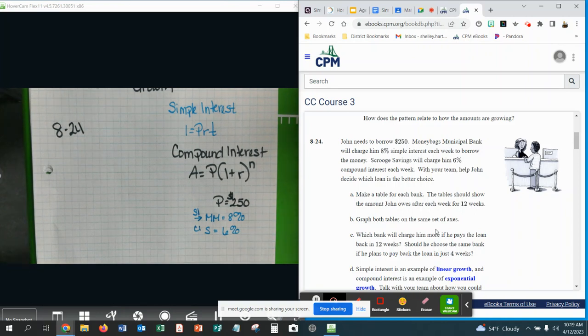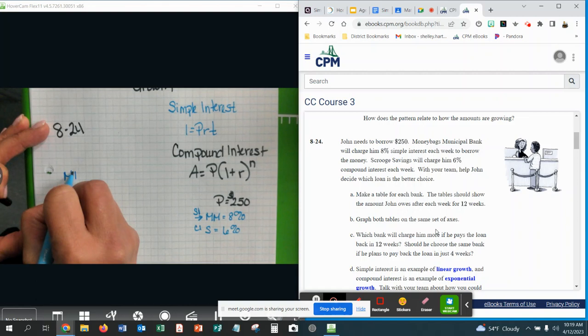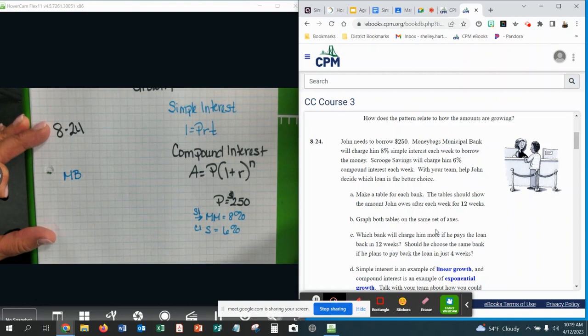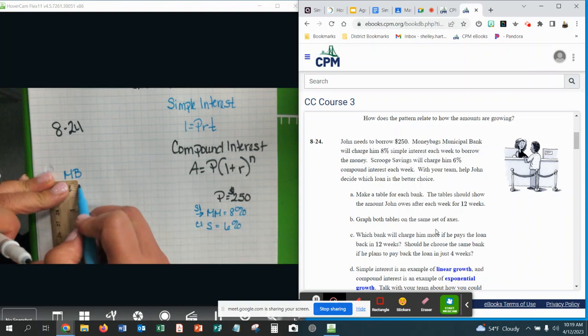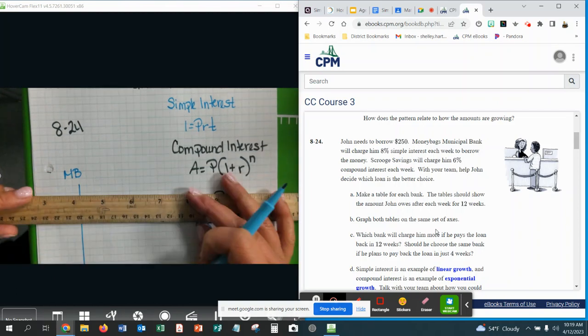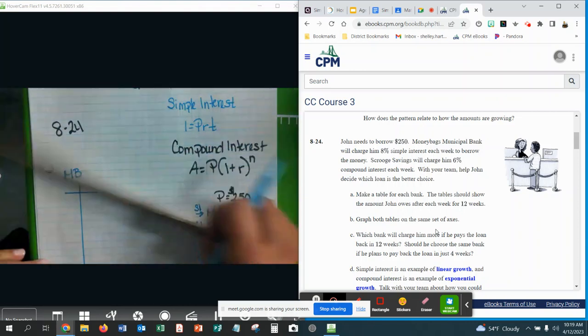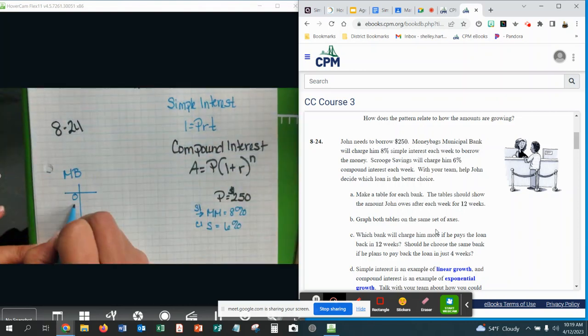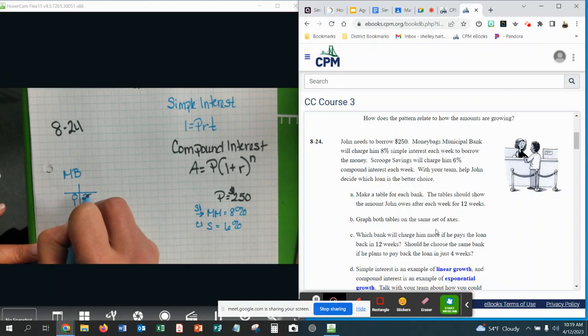We are going to make two charts. And here we go. So we're going to do Moneybags on this one, and then we'll decide what we want to do. Okay. 0, 1, 2, 3, 4, 5. And our initial fee is $250.